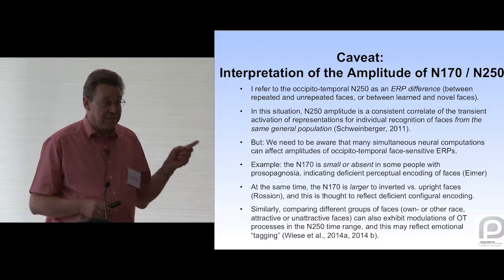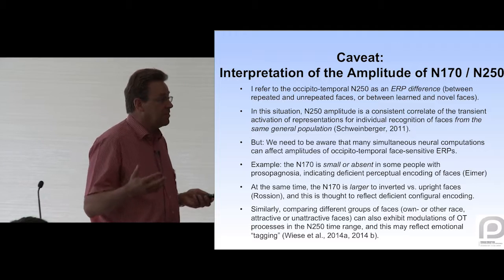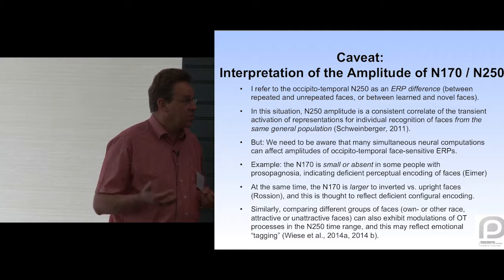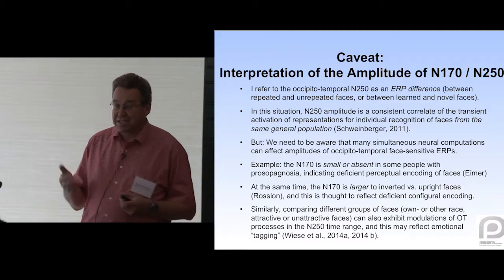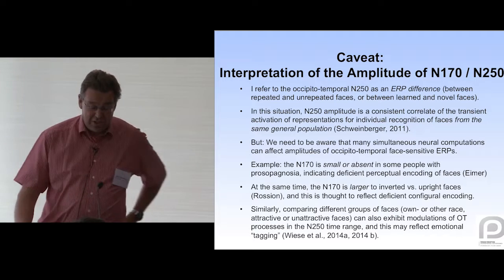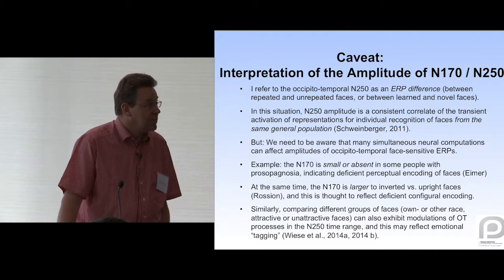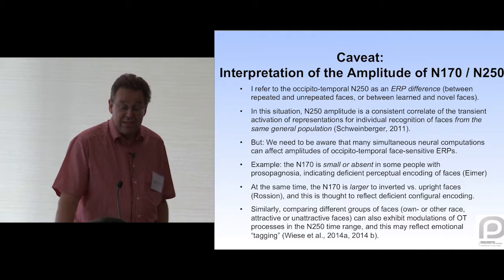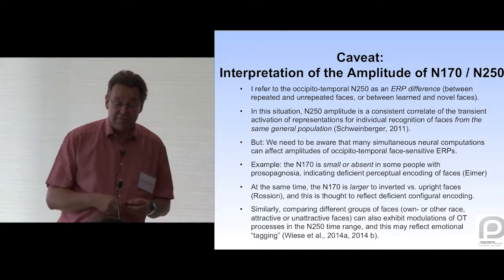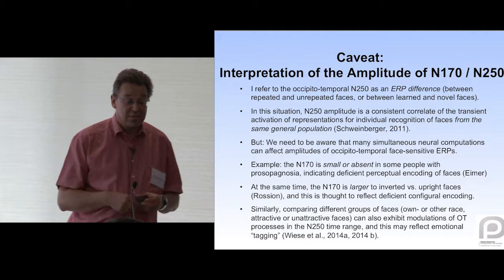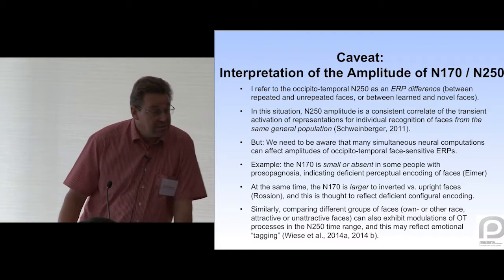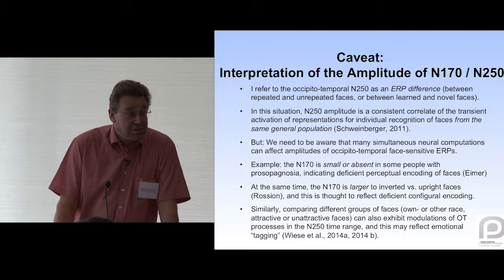But at the same time, the N170 is particularly large to inverted as opposed to upright faces, and in this situation, this is also interpreted as an indicator of deficient perceptual encoding. So this is an apparent paradox. Sometimes a large N170 relates to good performance, sometimes it relates to poor performance.